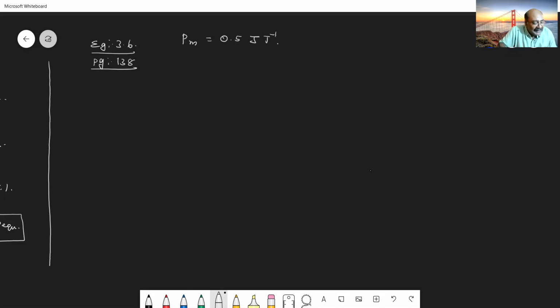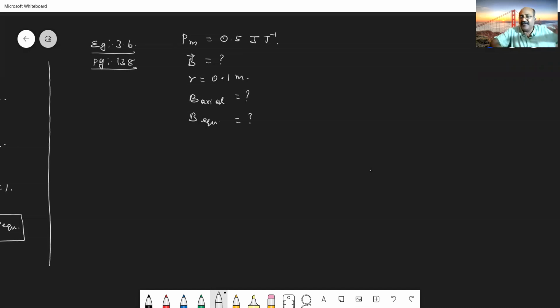Calculate the magnitude and direction of the magnetic field, that is, I have to calculate the B vector, produced by a bar magnet at a distance R equal to 0.1 meter from the center of the bar magnet. They have asked you to calculate it along the axial line and also along the equatorial line.